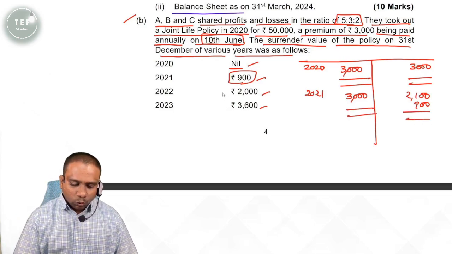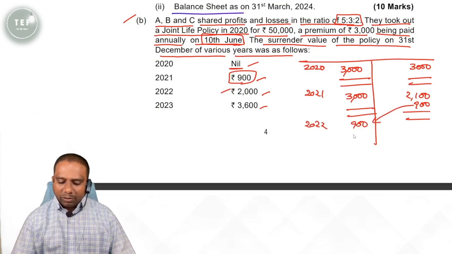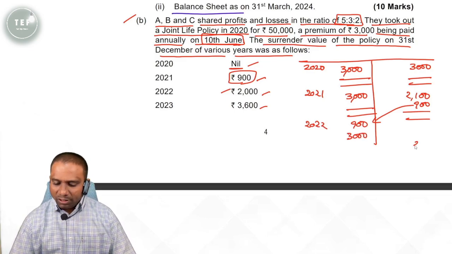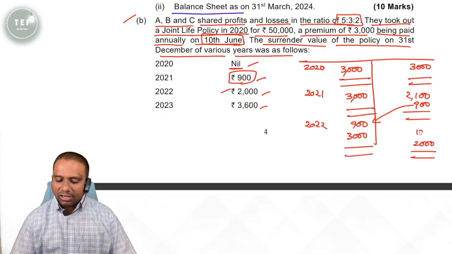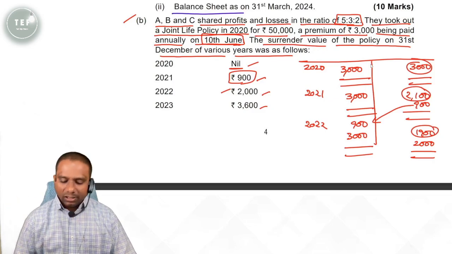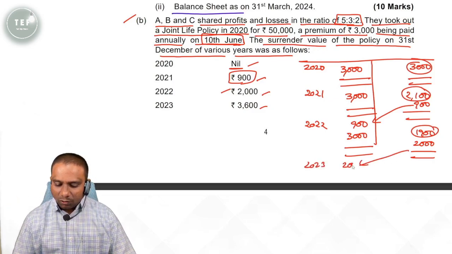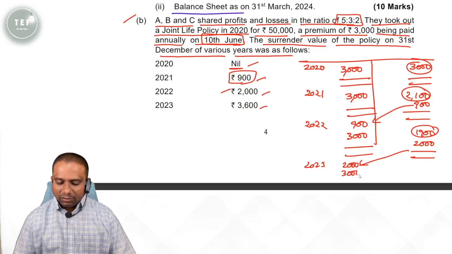Next one, 2022. This 900 is carried. In 2022 again we pay a premium of 3,000. But when you surrender the policy in 2022, how much amount do you get? 2,000 rupees. Debit minus credit, how much? 1,900 is the loss. These amounts we transfer to the P&L account. Next year, 2023. How much amount do we have? 900. Again in 2023 we pay 3,000 rupees.